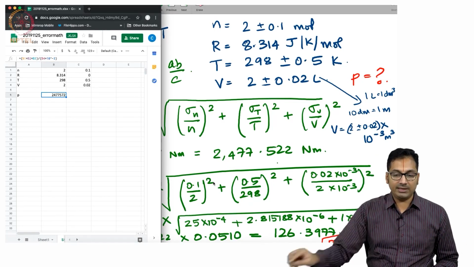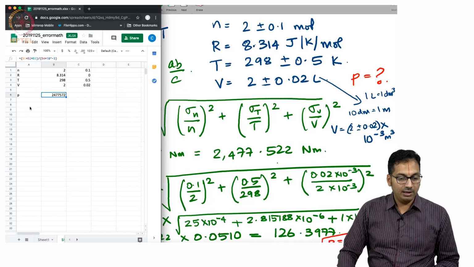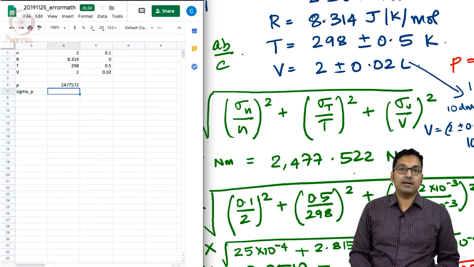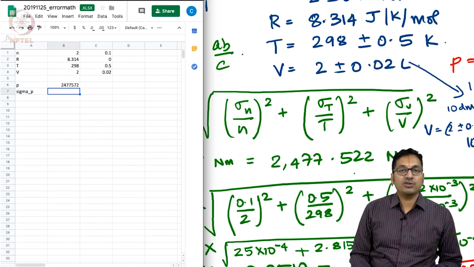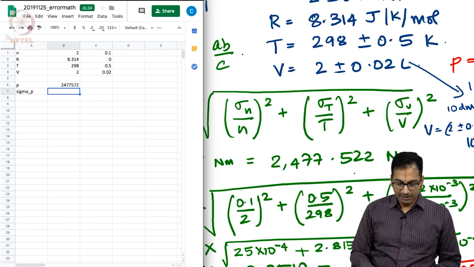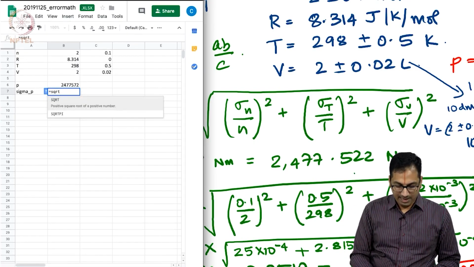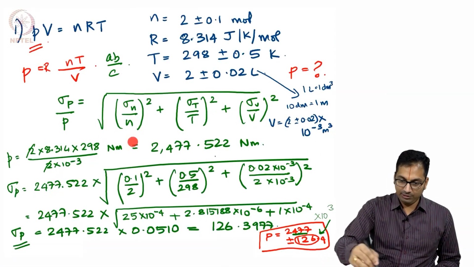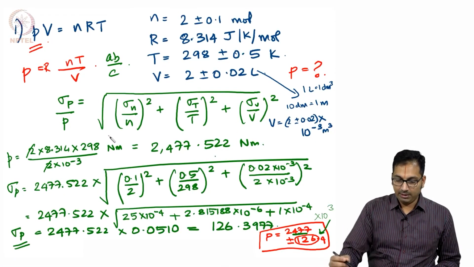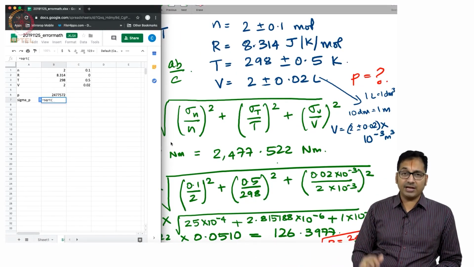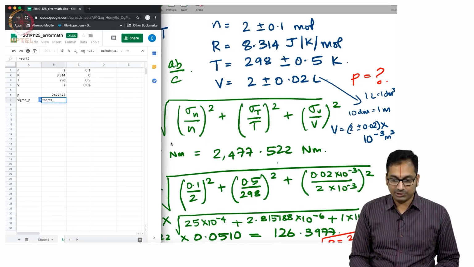Okay, now that we have determined this, why don't we redo the formula to find sigma p, which is the error involved in such a measurement. As you are able to see, N, R, T and V are all either multiplied or divided. We remember the formula as shown here, that it is nothing but the square root of the sum of squares of the ratios between the deviation and the actual value.